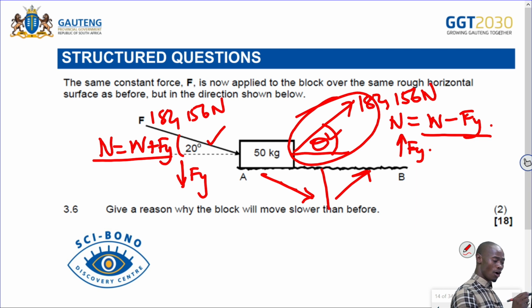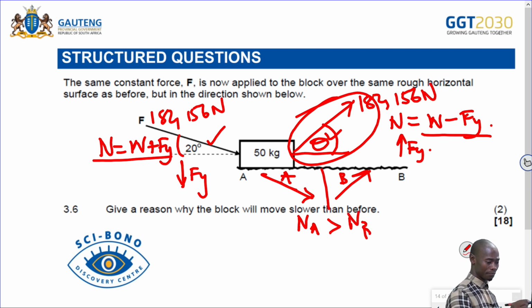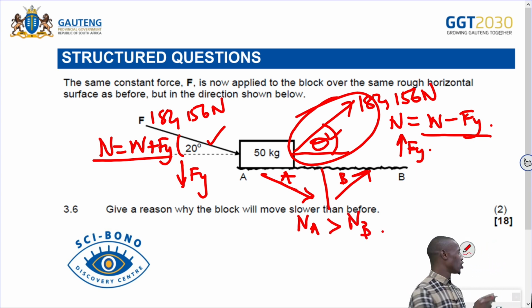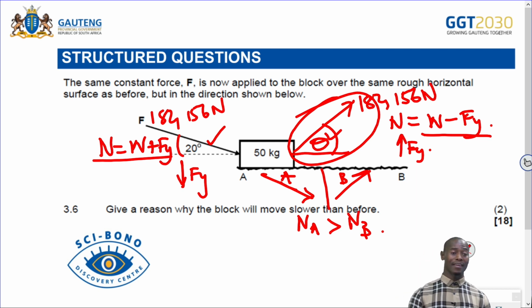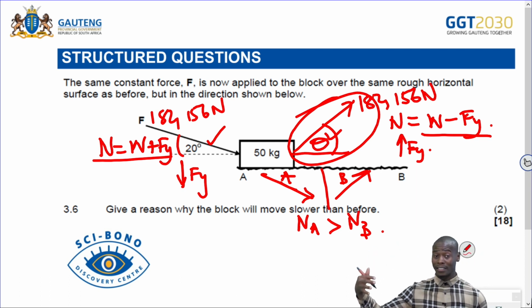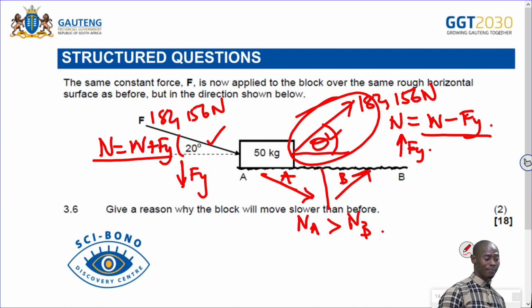The normal force, let me just say here is A and here is B. So the normal force A will be greater than normal force B. Why am I saying that? Normal force here is weight plus Fy. But here, normal force is weight minus Fy. So that is why I'm saying normal force A, where the object is pushed, is greater than the normal force where the object is pulled at an angle, right? So normal force A is greater than normal force B.